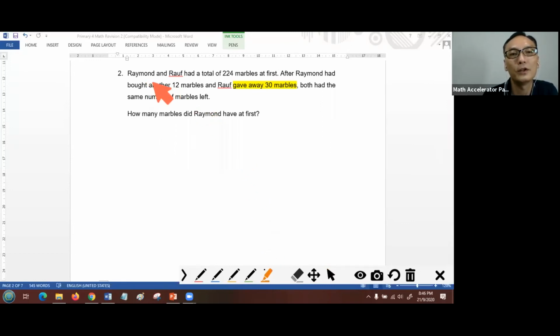So Raymond and Raouf had a total of 224 marbles at first. After Raymond had bought another 12 marbles and Raouf gave away 30 marbles. Okay, please change the error over here and replace it with the highlighted words. Both of them had the same number of marbles left. So how many marbles did Raymond have at first?